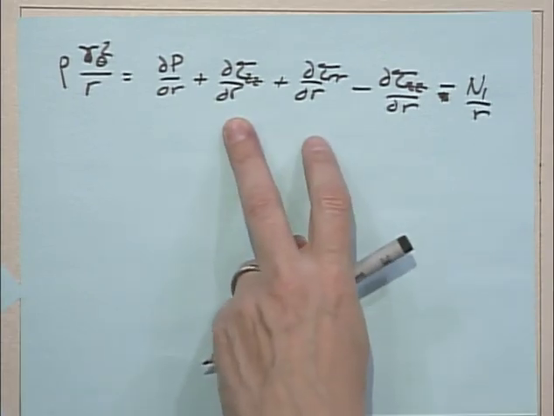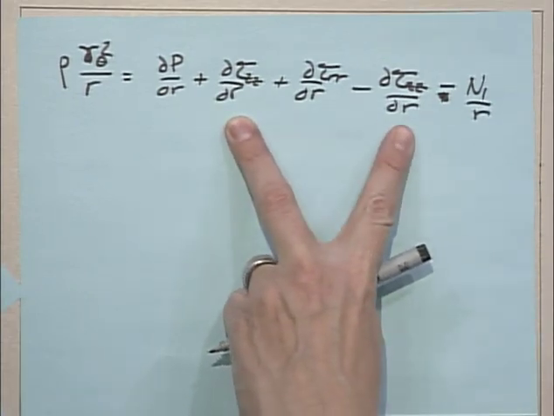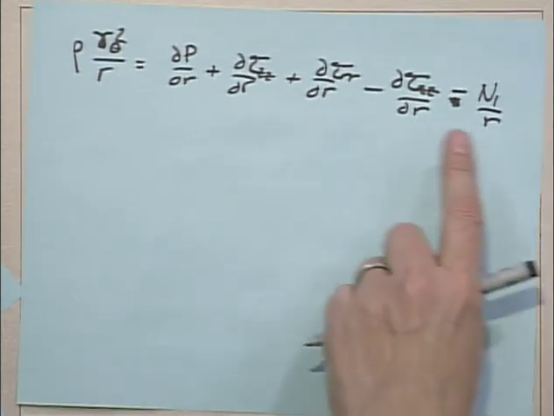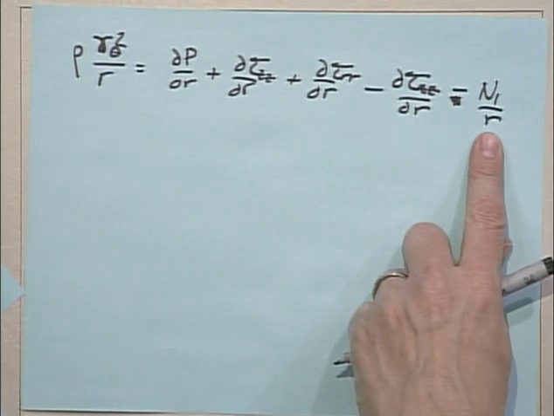So I've added the derivative of tau zz and I've subtracted it, so I've done nothing. This term was there before. This term I transformed into minus n1 over r the last time.